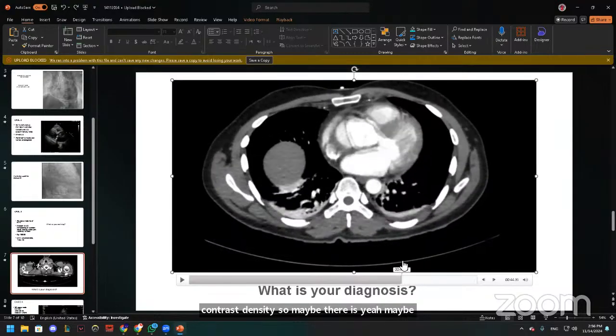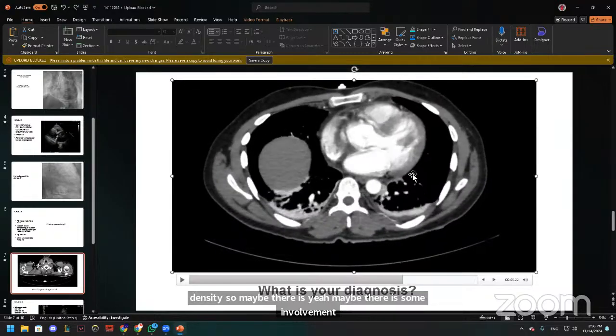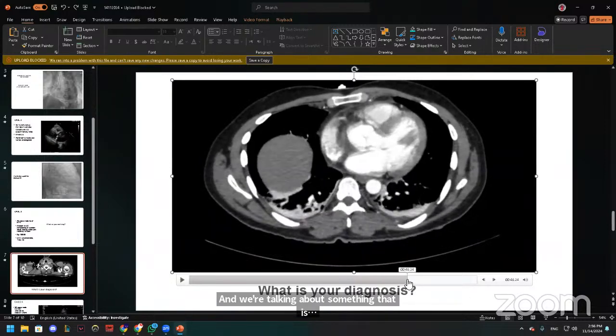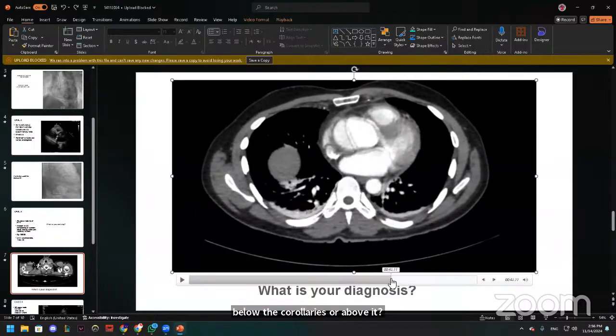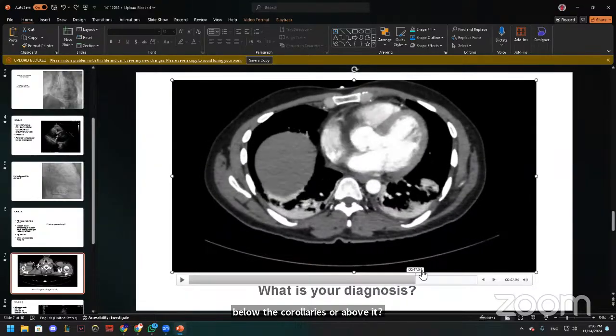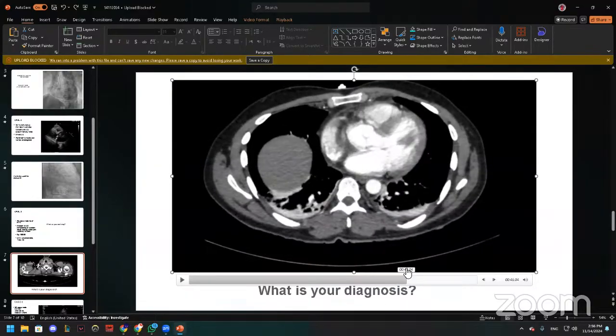Usually the aortic root, we're talking about something that is below the coronaries or above it? The aortic root, if there is involvement with the aortic root, there may be a possibility to involve the coronaries, but I don't think it's necessary to involve.